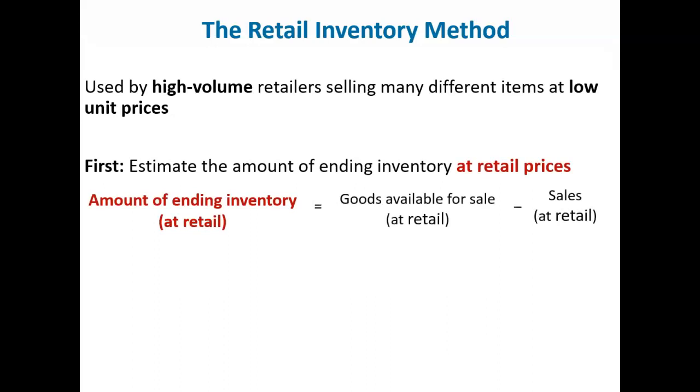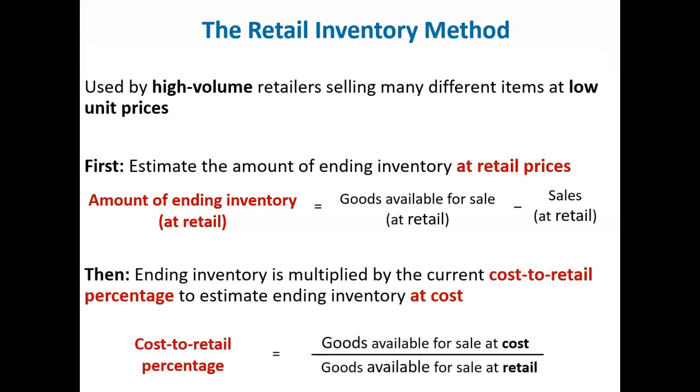In its simplest form, the retail inventory method first estimates the amount of ending inventory at retail by subtracting sales at retail from goods available for sale at retail prices. Retail amounts refer to current selling prices.